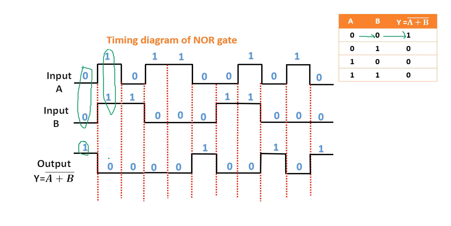Likewise, when A is low or 0 and B is high, that is 1, the output is 0. You can check each and every result in the truth table. For the rest of the red dotted lines, by the same process you will be able to prepare the graphical representation of our output.